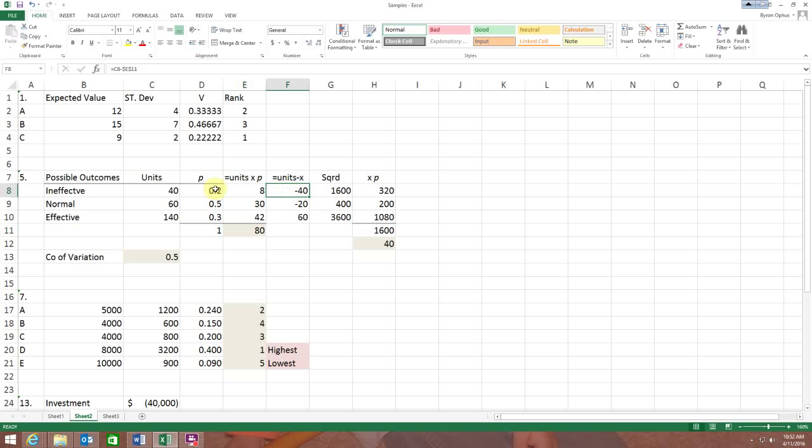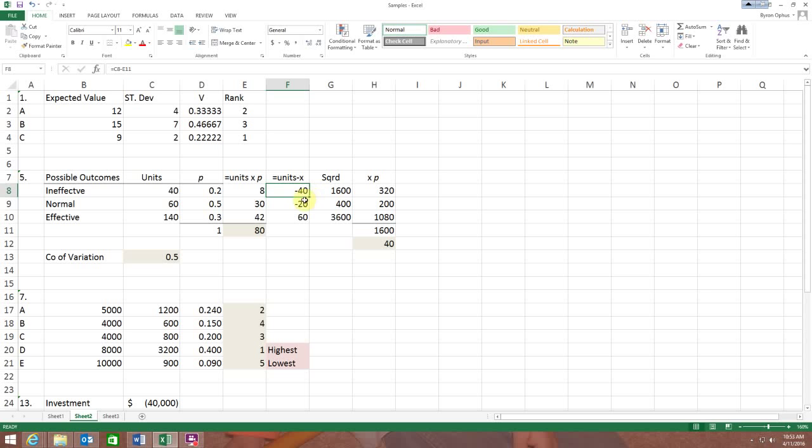So it's simply this minus this. You could actually do it the other way, and your answer would be the same if you subtracted this from this, but I'm going to do it this way, this minus that, because all we're doing is trying to figure out how far in units it is from this normal, right? And that's 40 units.